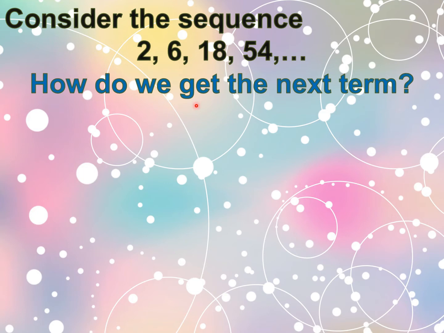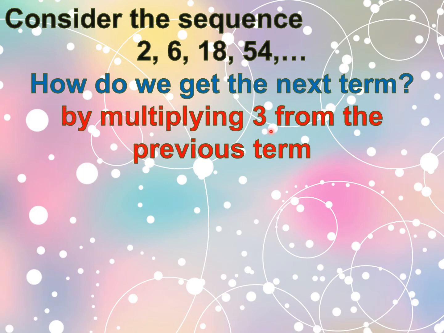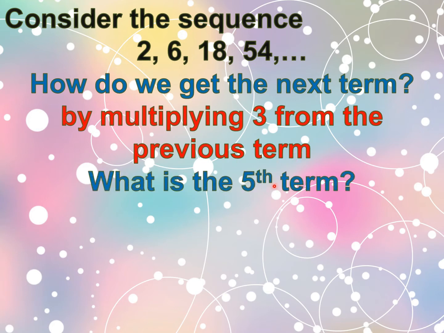So, ibig sabihin, to get the next term, we need to multiply 3 from the previous term. What is the fifth term? Para makuha yung fifth term, ita-times natin yung 54 sa 3 dahil pang-apat na term na ang 54. So, 54 times 3 is equal to 162.